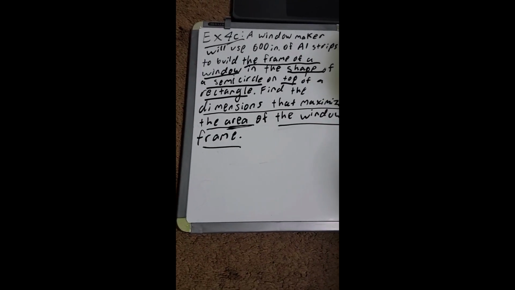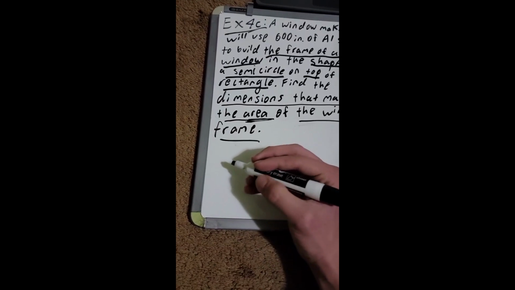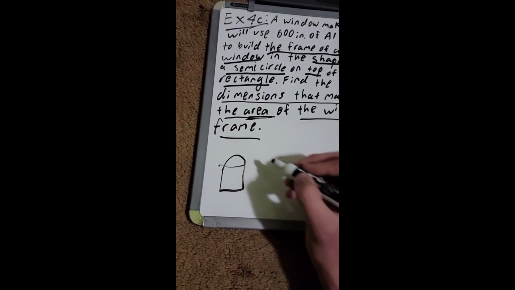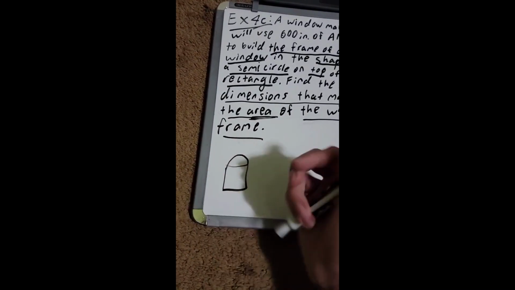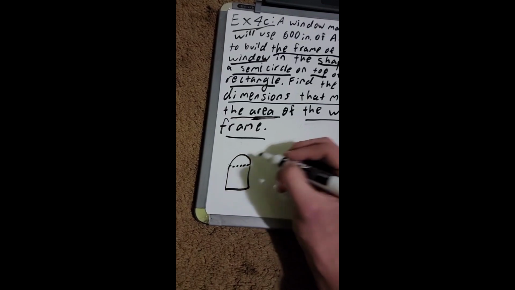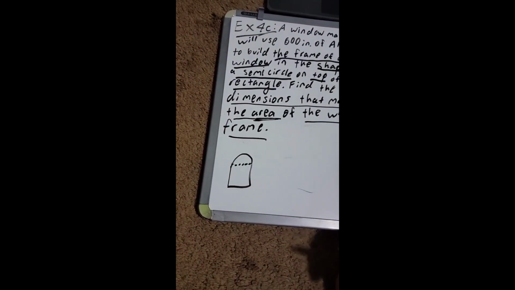So all that means is that it's going to be a rectangle and it's going to have a semicircle on it. A semicircle is just half of a circle, and it's going to be a dotted line because this isn't part of your perimeter.